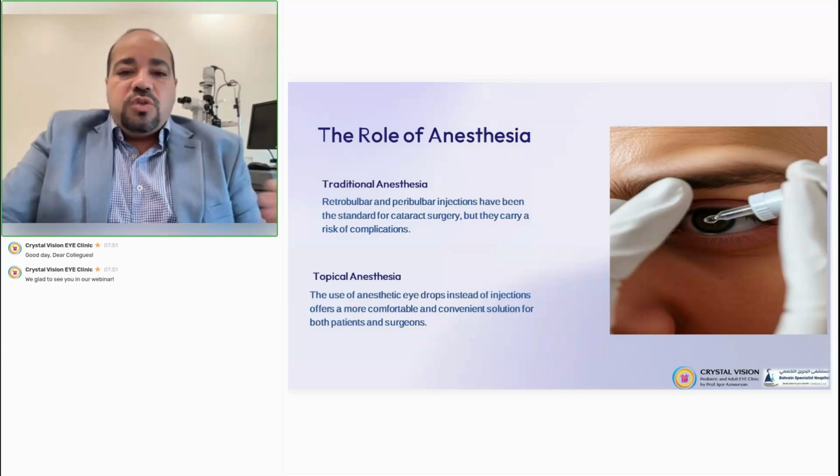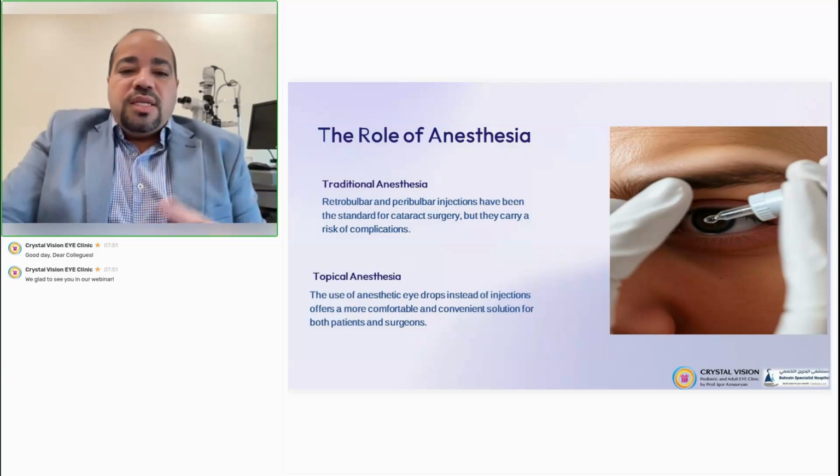We used to do retrobulbar and peribulbar anesthesia, and most doctors prefer this technique because we want to stay in our comfort zone. We need the patient to be relaxed and with no mobility of the eye. So most surgeons prefer this technique.